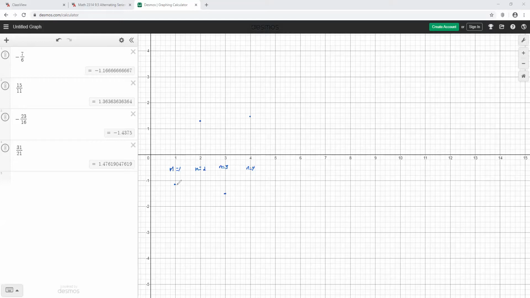And what does it look like these terms are doing right here? They are alternating, but are they getting closer to 0, or are they going further away? Further. Yeah, the next one might be right here, and the next one might be right up here. I should think for a second. I should have been more careful.